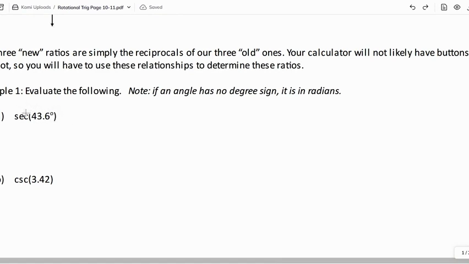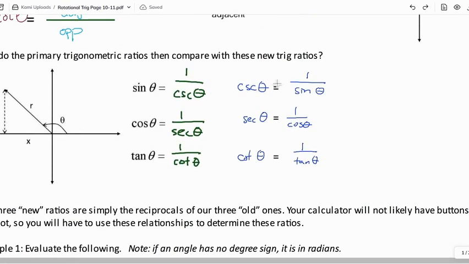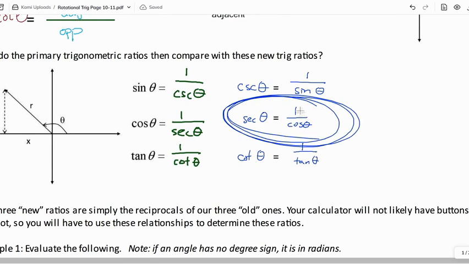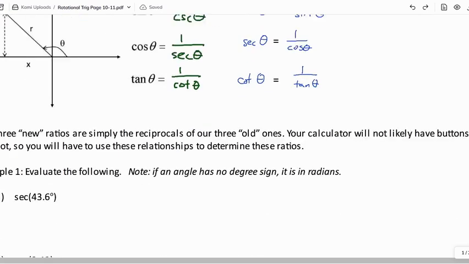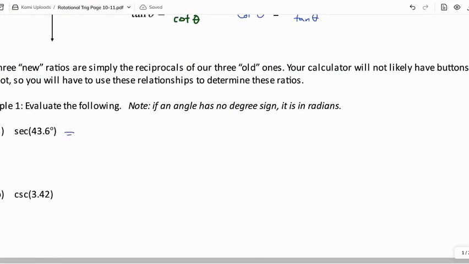We're going to start with secant of 43.6. Now, I don't have the button. None of us do. So what do we know about secant? This is what we know. Watch here. Secant is 1 over cos of the same angle. So what can I do? Well, this is what I can do.